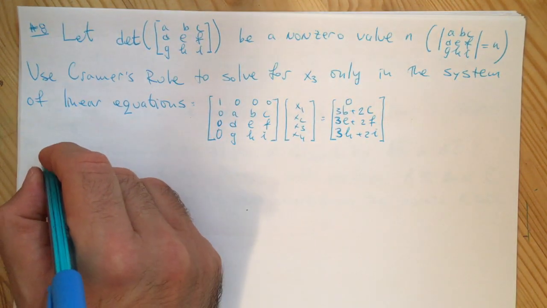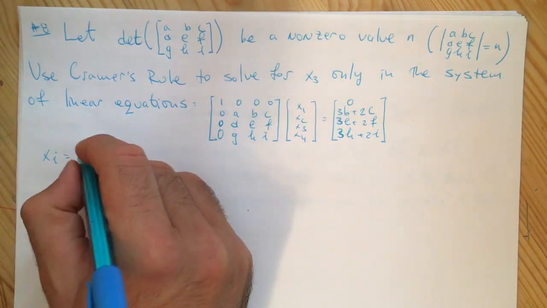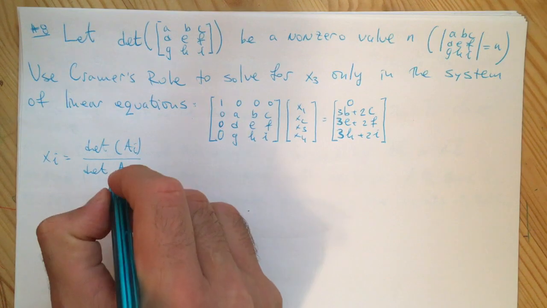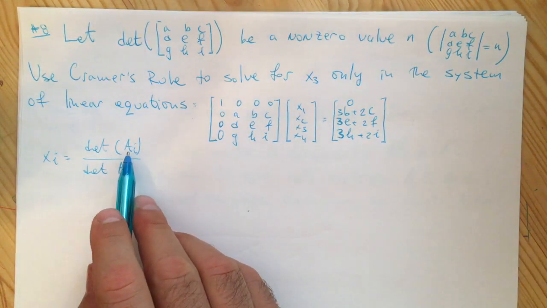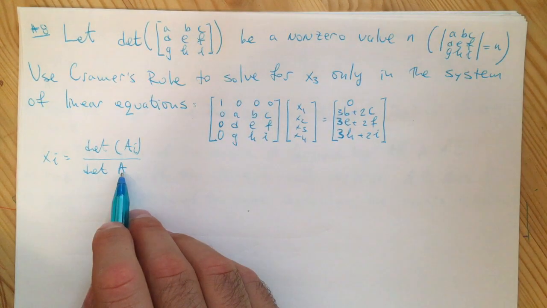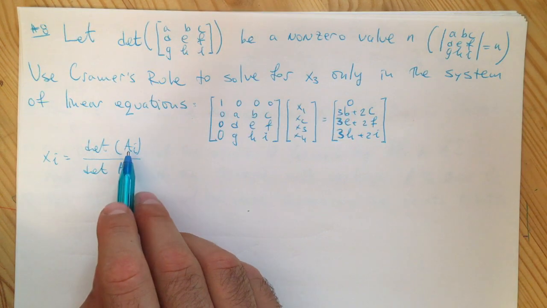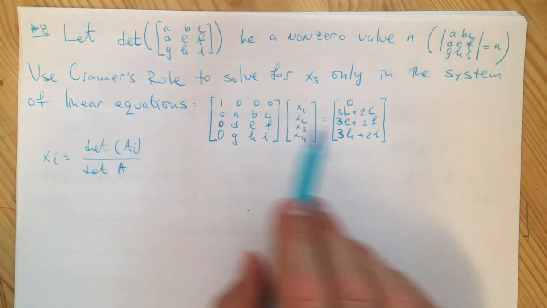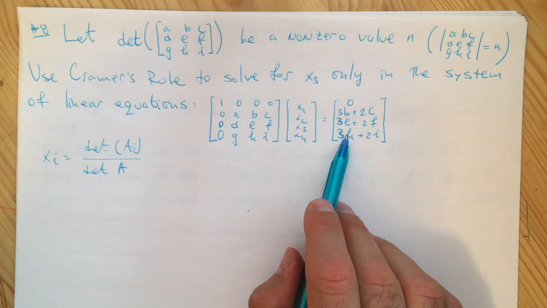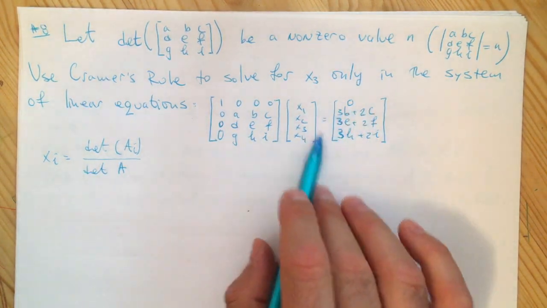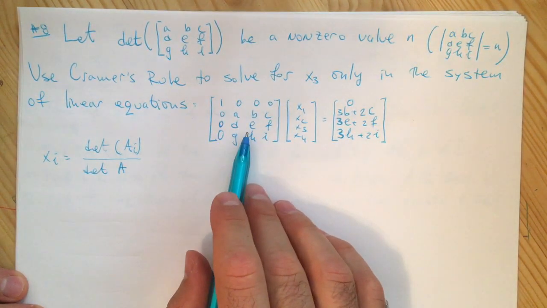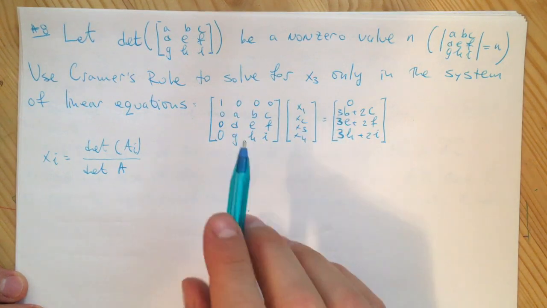So x_i would be equal to the determinant of A_i divided by the determinant of A, where A_i is the matrix A such that its ith column is replaced by, not the solution, but by the constant term in either the system of linear equations or the matrix equation.